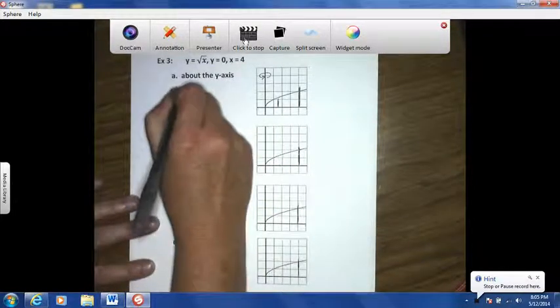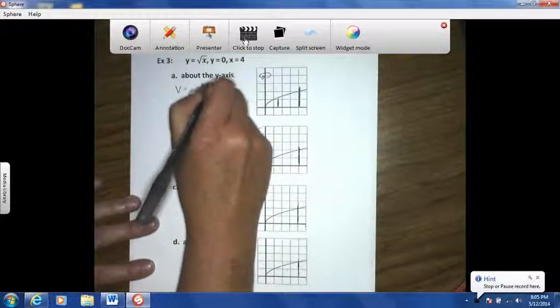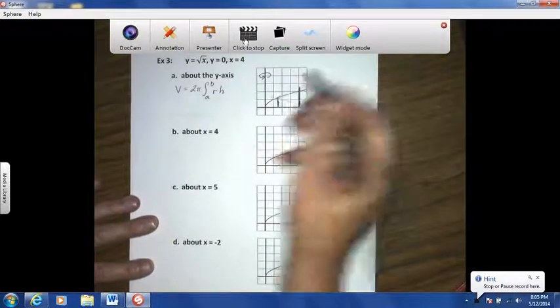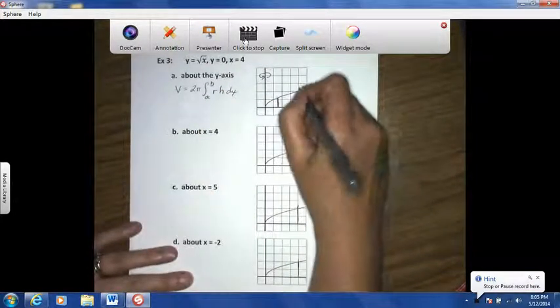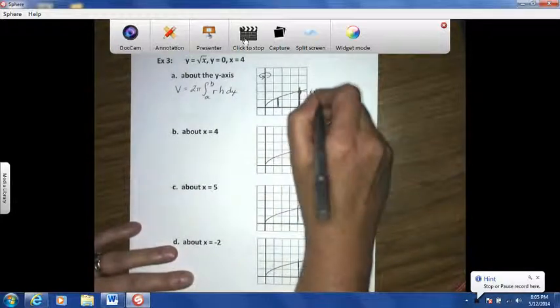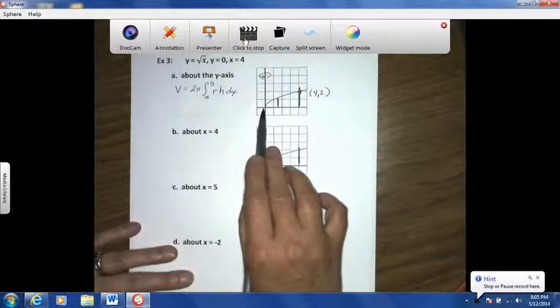So our volume is going to be 2 pi times the integral from A to B of r times h, and because these are vertical rectangles, we're working with x's. Now this point of intersection right here is going to be at the point 4, 2. So our x's are going to range from 0 to 4.